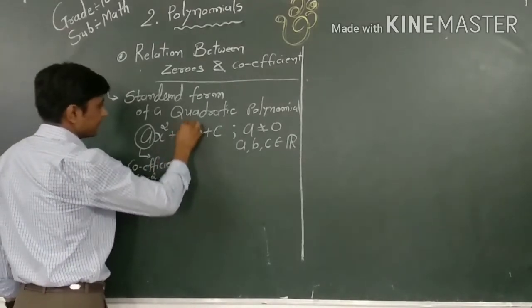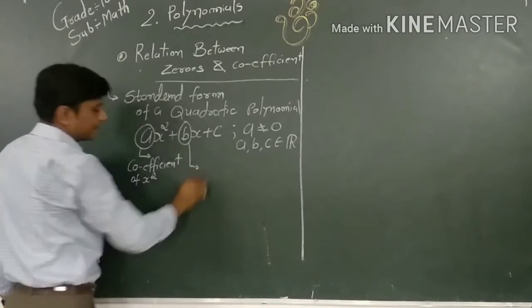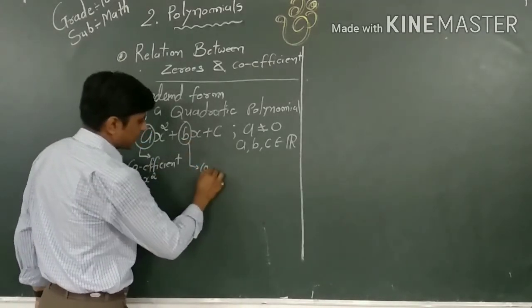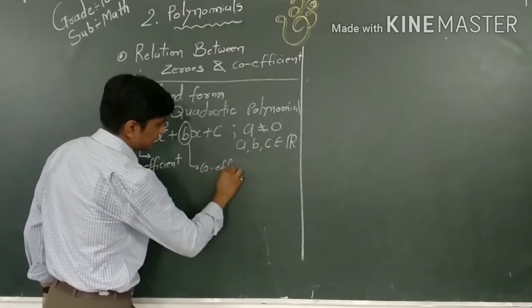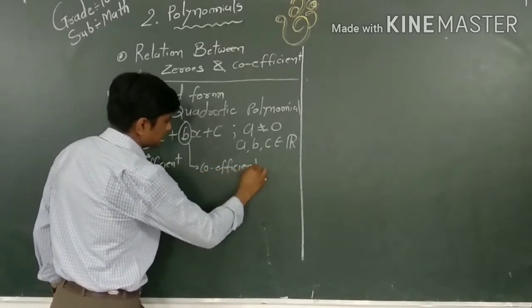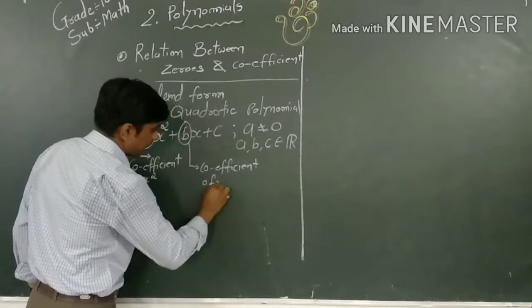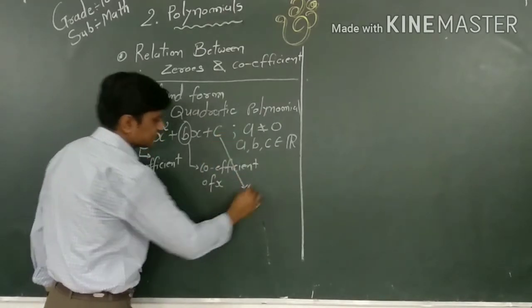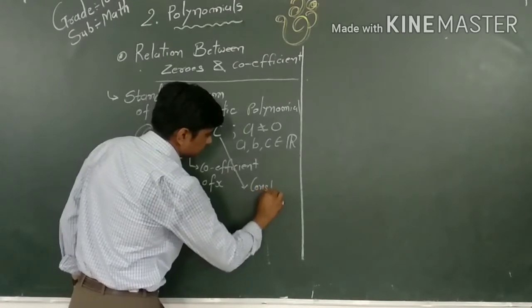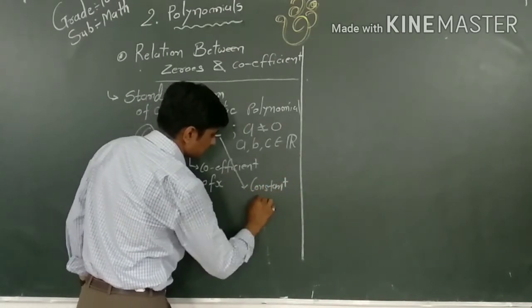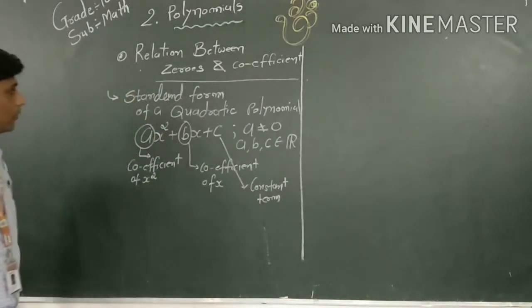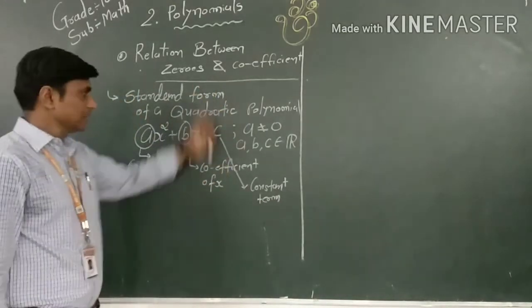Now what is b? b is said to be the coefficient of x. Therefore, I write coefficient of x. And the last term we say is the constant term. Okay? I hope you all have understood.